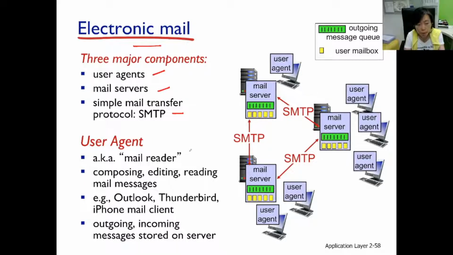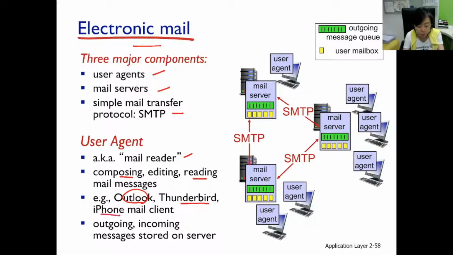Let's start from the user agent. They're essentially the email readers. They allow us to write email, edit email, and read emails. Outlook from Microsoft is one mail reader that's very well known. Thunderbird is from Mozilla, the company that also produces Firefox, the well-known web browser.